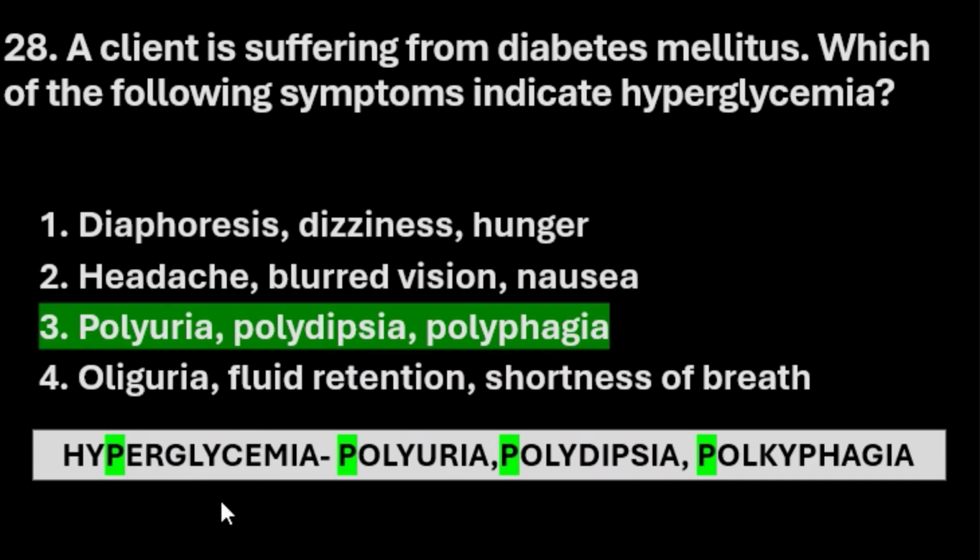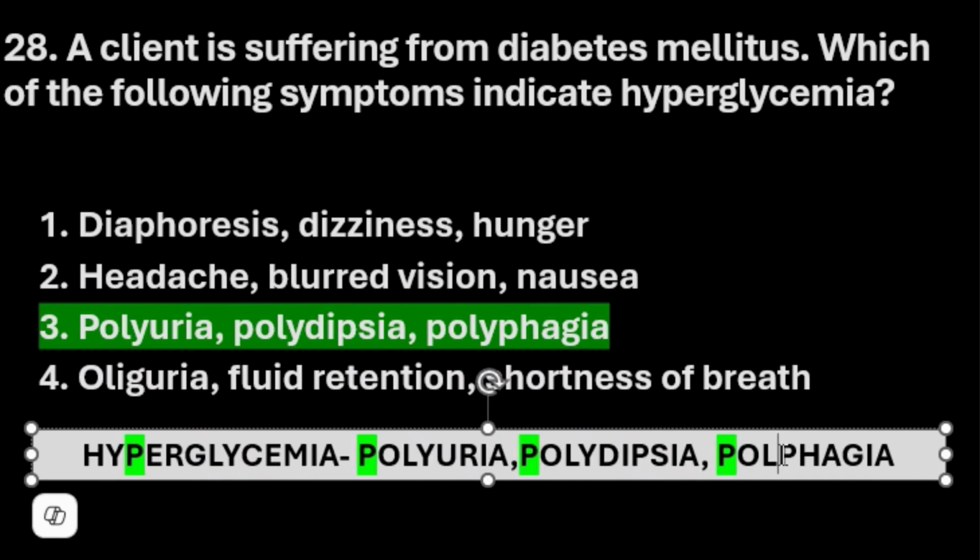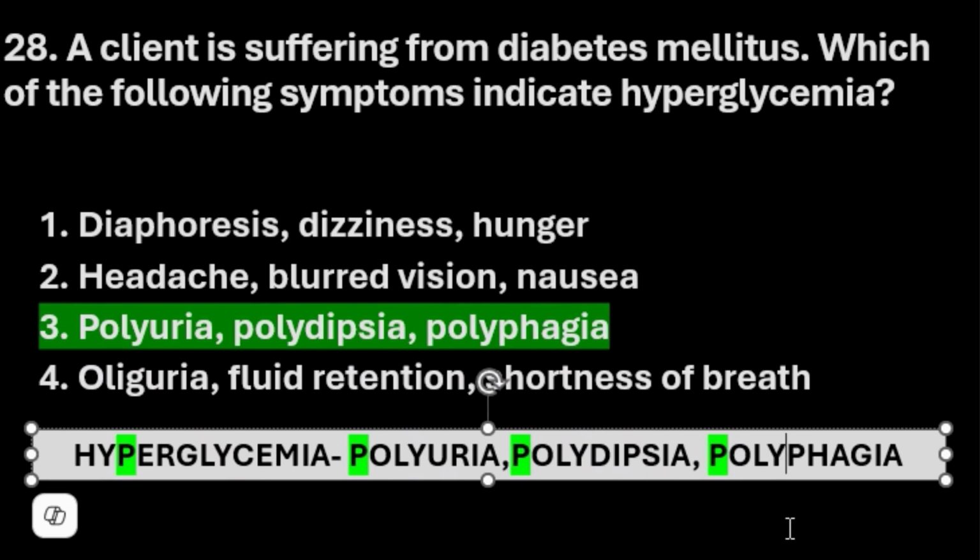You can see here the 3 P's highlighted for hyperglycemia. These are the 3 classical signs or symptoms: polydipsia, polyuria, and polyphagia associated with hyperglycemia.